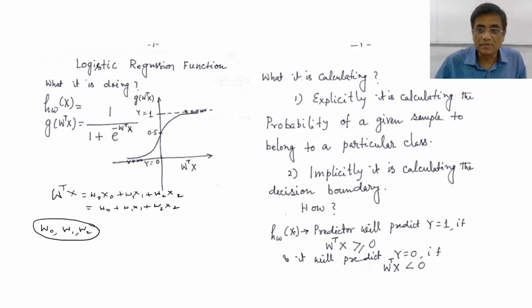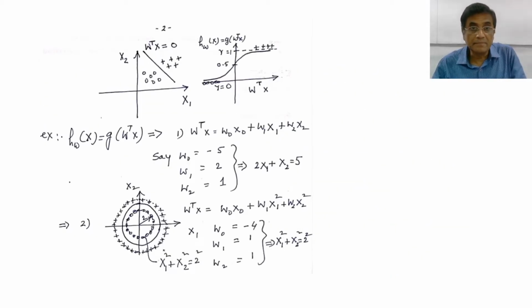Suppose you have some values like w0 equal to -5, w1 equal to 2. If you put these values for any sample, this entire thing is known, provided these are known and you have the given samples.